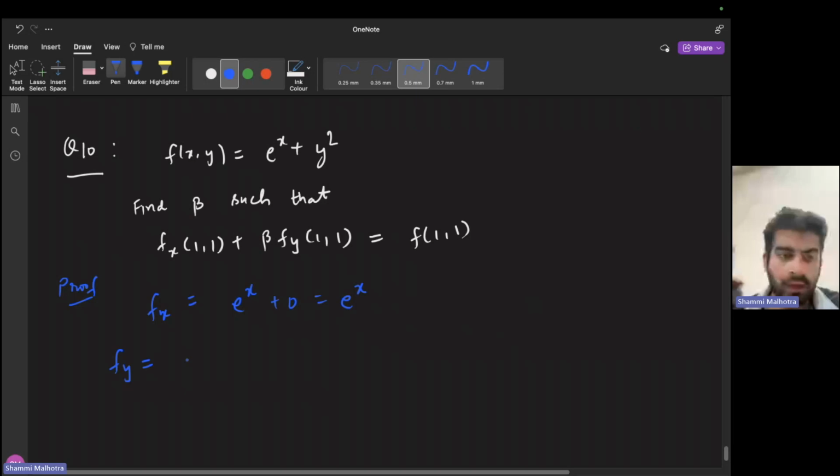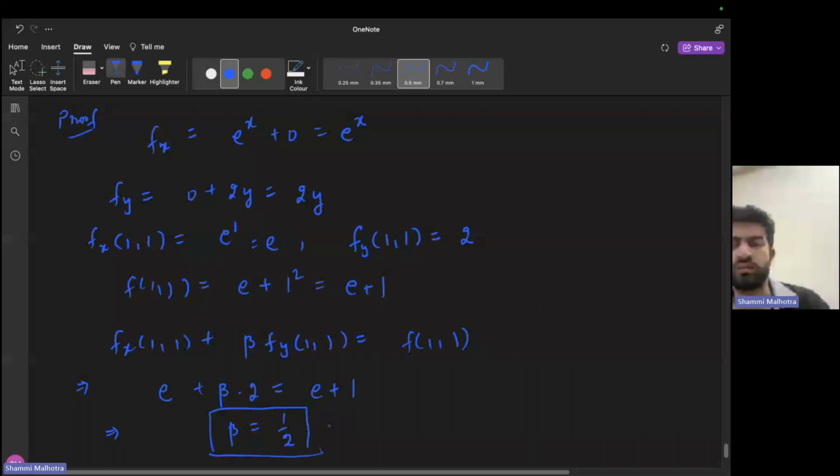So e cancels out, and when we solve this equation, we get beta equal to half. So basically you can calculate values, equate things, and put things in the equation. This is just computation. I think that's all.